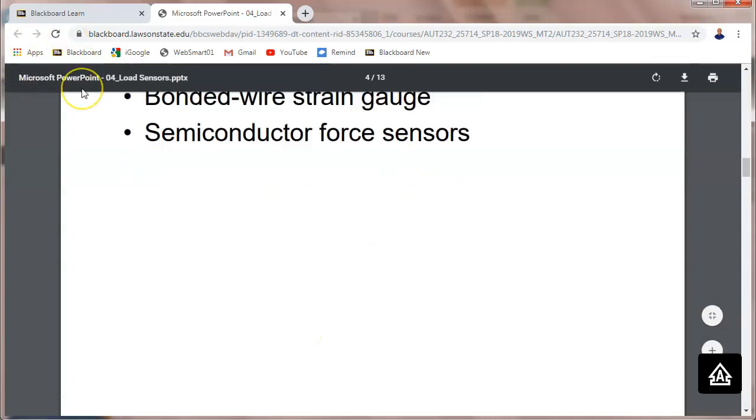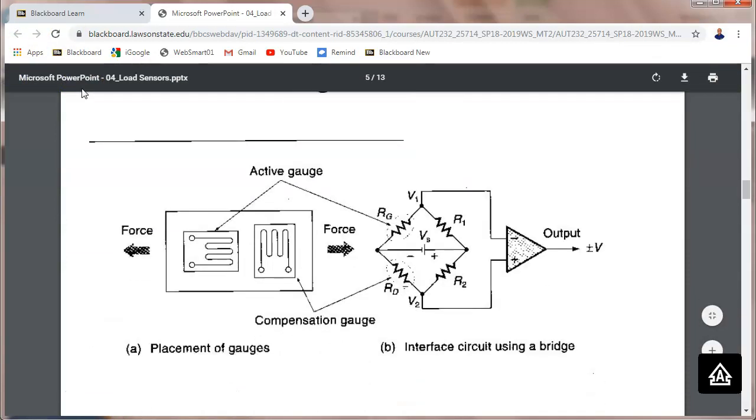So that's all a strain gauge is, guys. It's just a loop of wire. Look at the way these are arranged. The force would be applied to this one, which we call the active gauge.